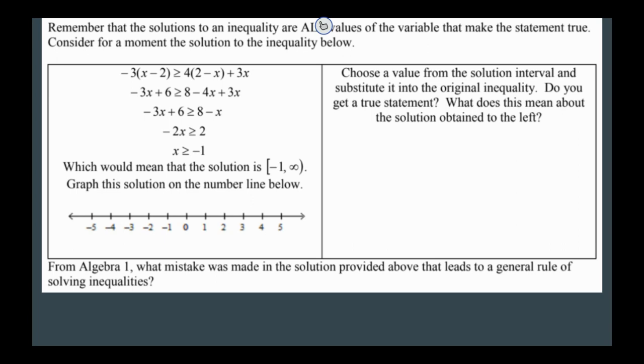Someone else, Mark Sparks, for example, solved this inequality, with those steps over there, and found a solution that x is greater than or equal to -1. So your solution in interval notation would be -1 with a bracket up to infinity. And it says graph this solution on the number line.